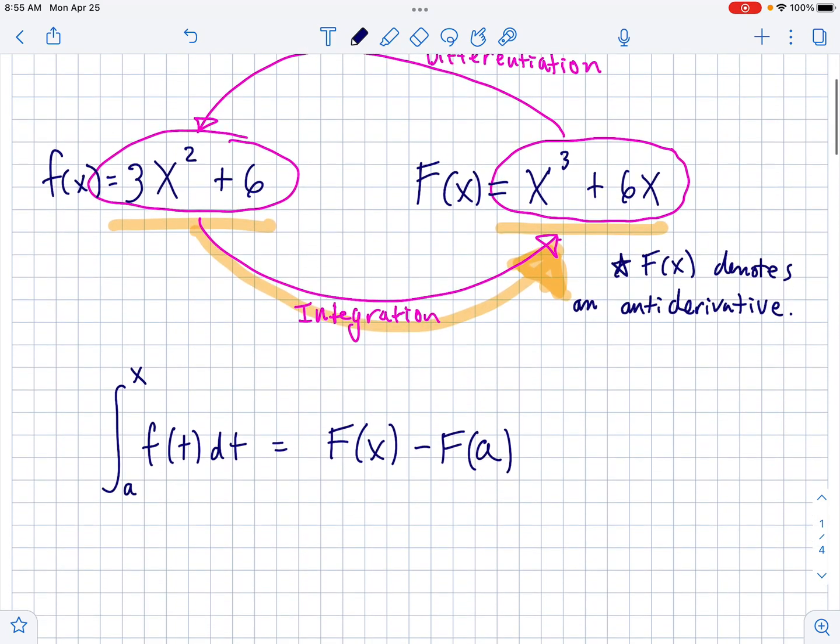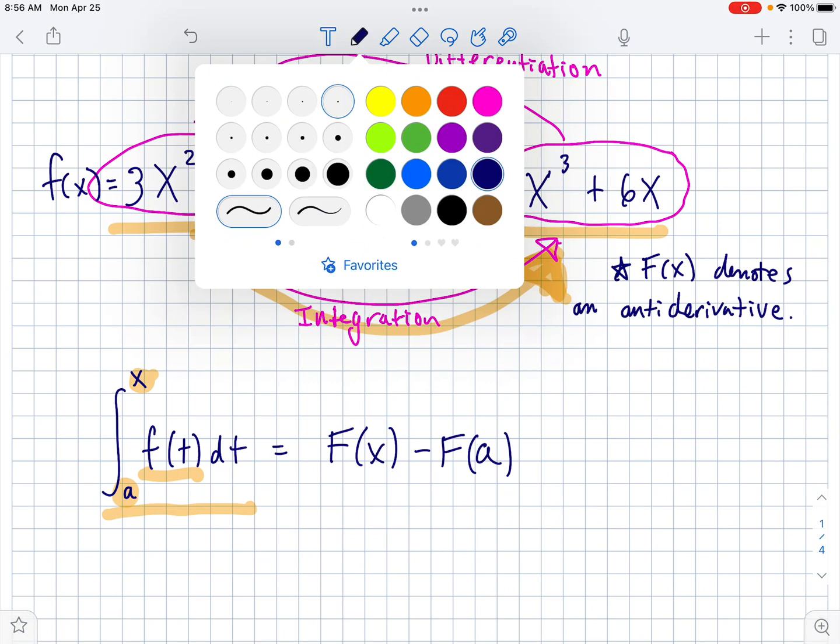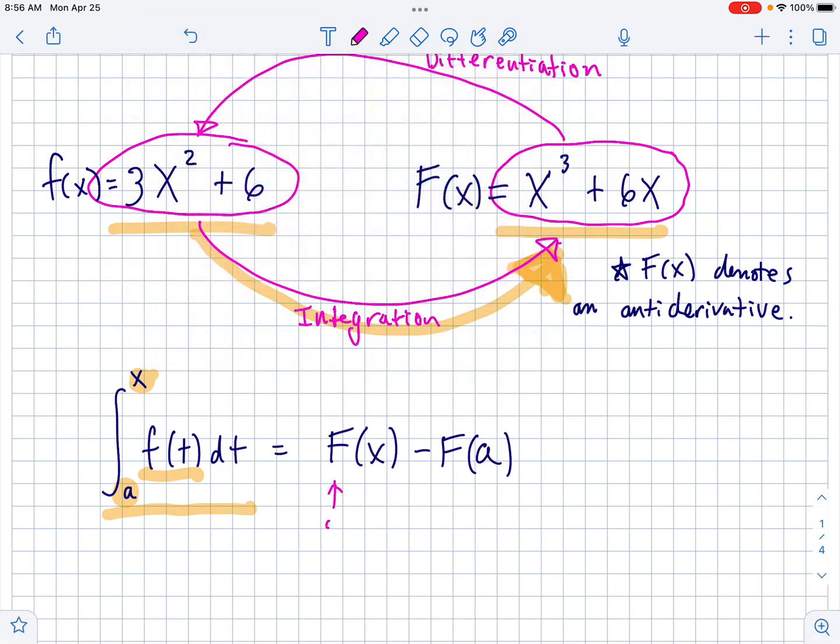Something that's going to come up, not necessarily today, but a lot next class, is that if you're taking the integral from a all the way up to x of some function with respect to t, notice they're not using x and they're using t, you need to take the antiderivative. So this capital F here is the antiderivative.